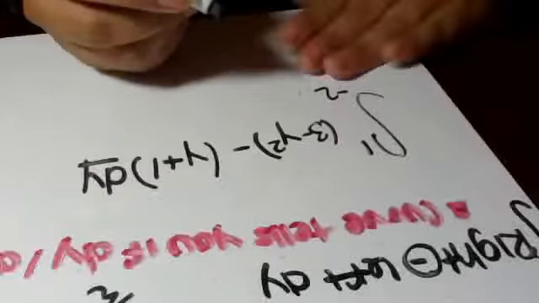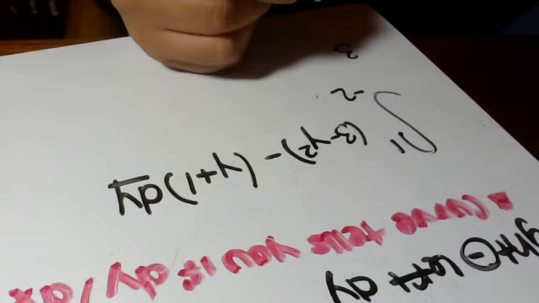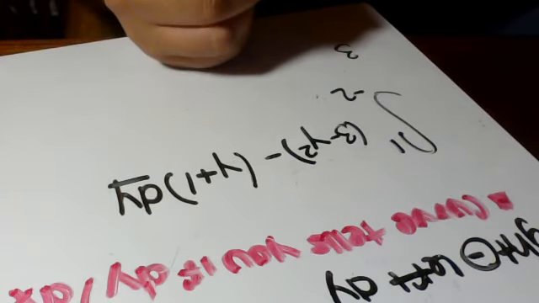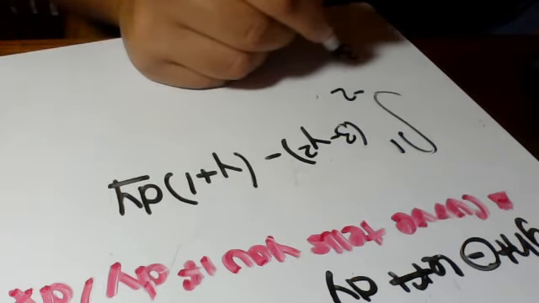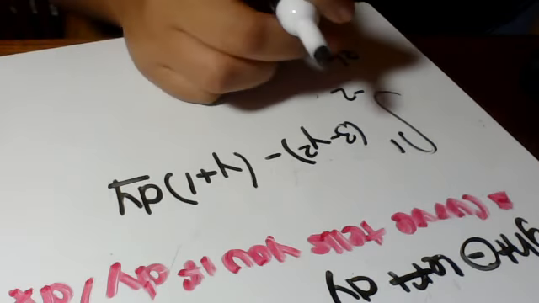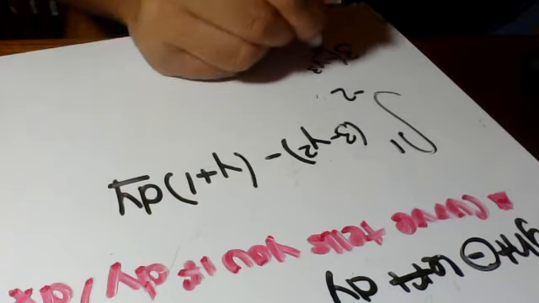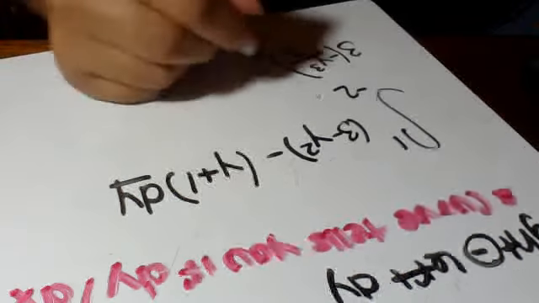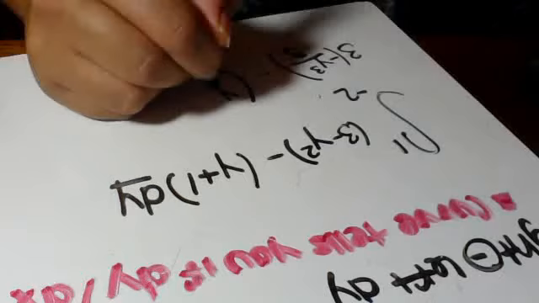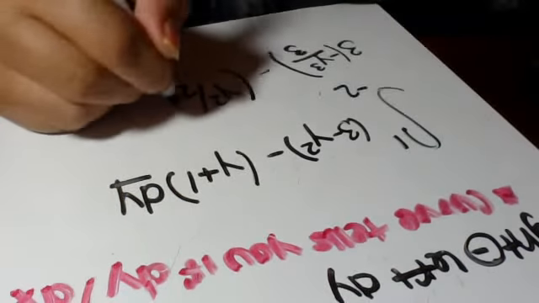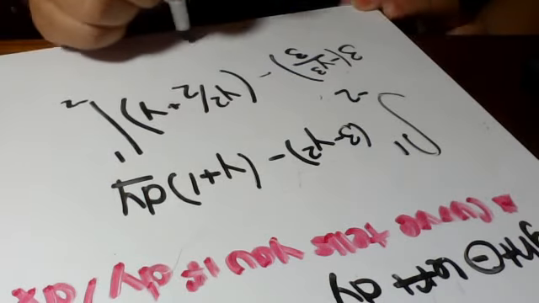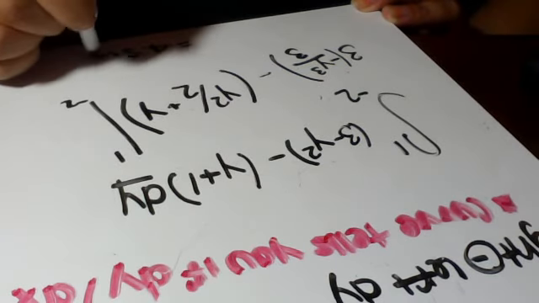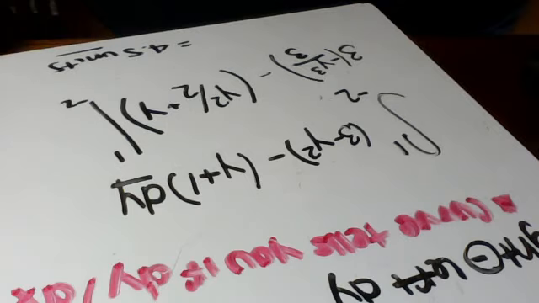Actually, no. From there, this is what I'll do. 3y minus y cubed over 3, minus y squared all over 2 plus y. And then basically what you will do is put your endpoints in both, and the answer should give you 4.5 units. So that's basically how you will solve this problem.